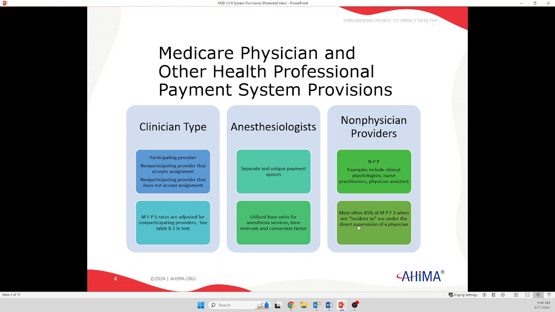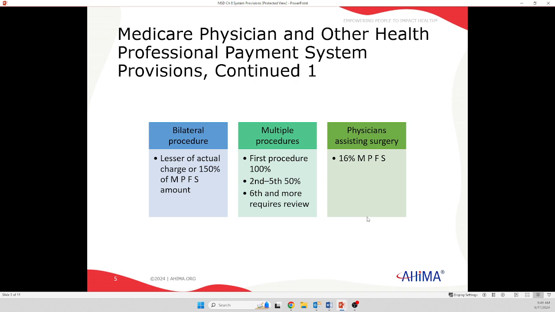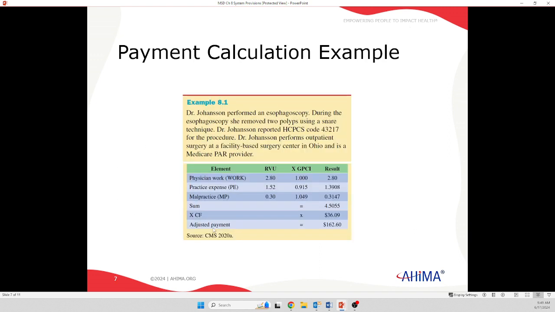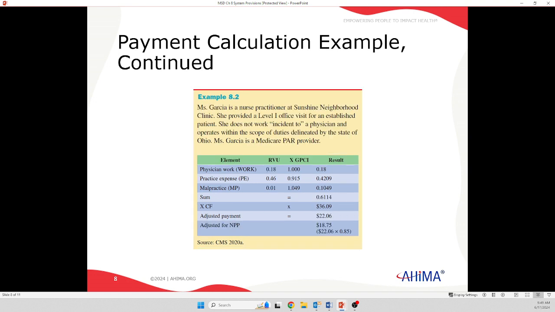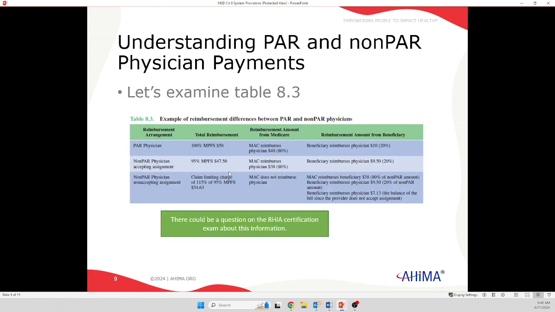Remember that non-incident to, they get 15% deduction on their payment. Here's how we get some added money, those modifiers. There's that example of that calculation. They're showing you how they got that because it was a nurse practitioner. Here's the PAR and how they get paid.